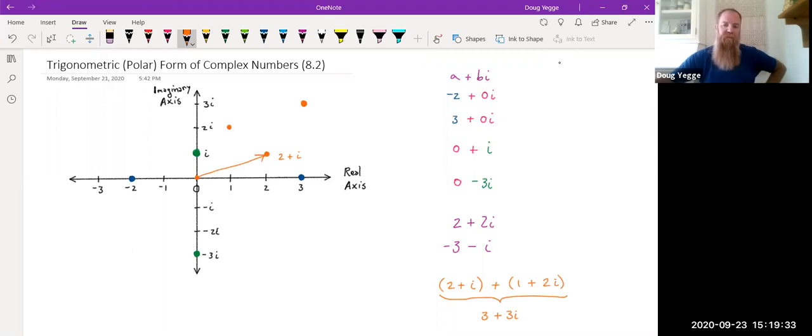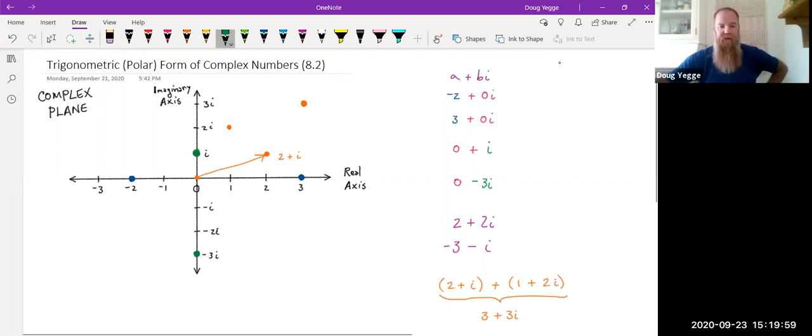So instead of just plotting a point and saying that's the point 2 plus i, what we're going to do is represent these complex numbers as vectors in the complex plane. So this right here is referred to as the complex plane. So even though it looks like our Cartesian coordinate plane with an x and y axis, it's actually much different.